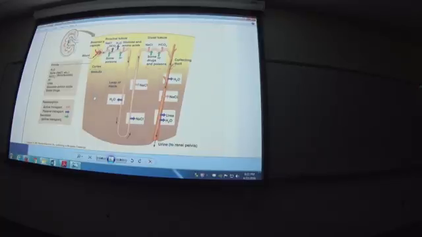Is this in our book? You have one similar in your book. This is a little different model, but it's similar. It's also on the internet. While you're taking a picture, I'm going to erase this stuff because you have to know what this is saying and how it's saying it. So we'll rewrite it on the board.